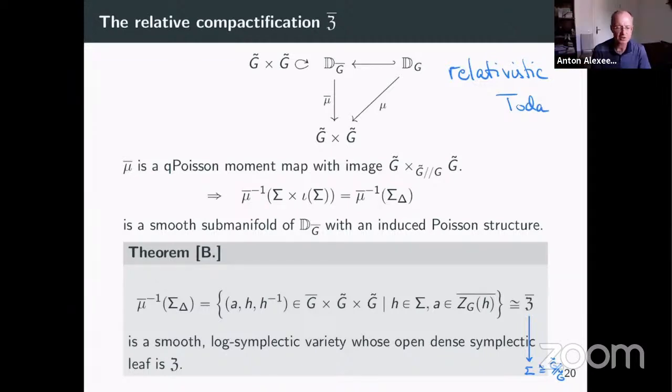For instance, you probably have some defining functions for different components of the divisor, and then the two form is probably d log of the function which defines D_i, plus something smooth. So what do we know about this?